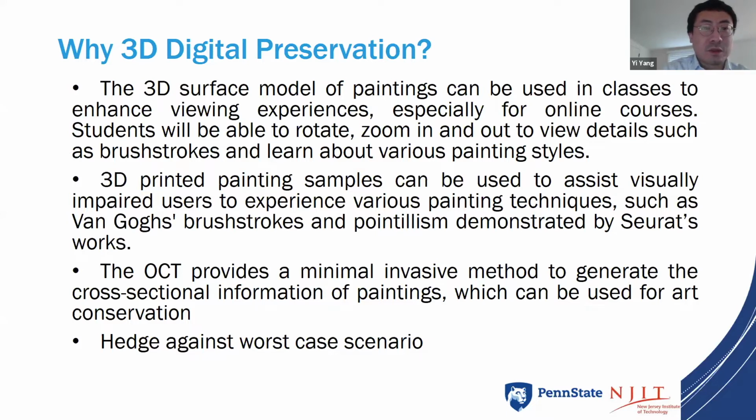For instance, a 2D image of a picture might capture a few gigabytes of data, and that's a lot of pixels. But with the OCT technology, a painting of the same size can easily go to 3 or 4 terabytes. That's a lot more data than what a 2D camera image can capture. So we're really thinking about capturing a high quality digital copy that hedges against the worst case scenario.